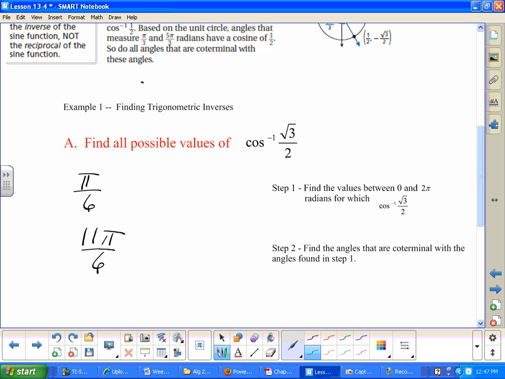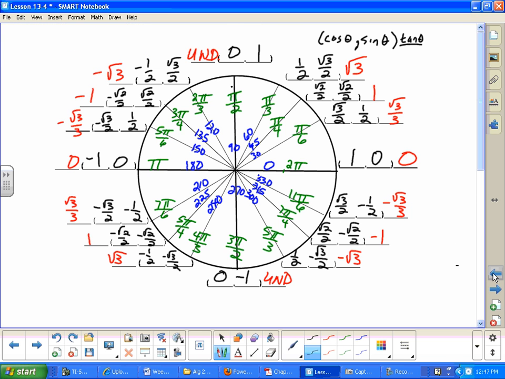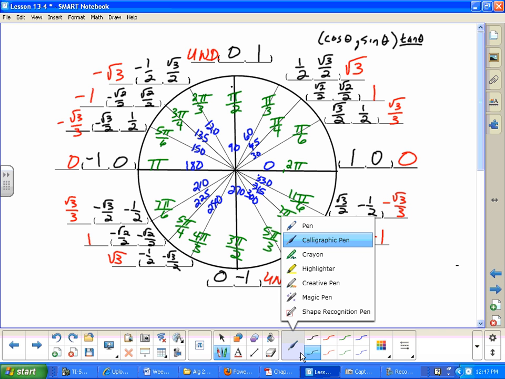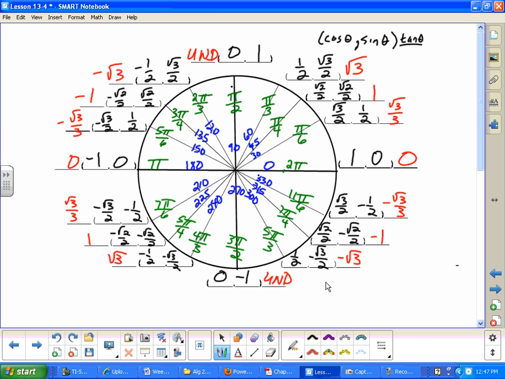Now, we need to find all the angles that are coterminal with those angles. In other words, if I start at pi over 6 and I go around the circle once, I'm still back at pi over 6, right?